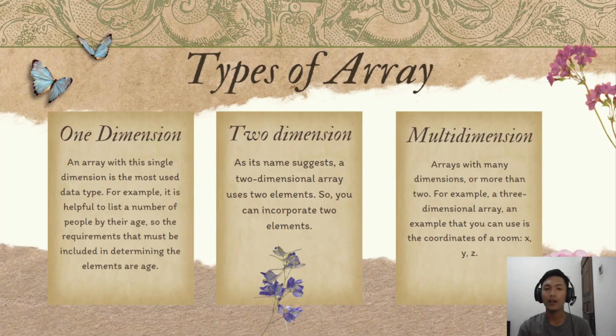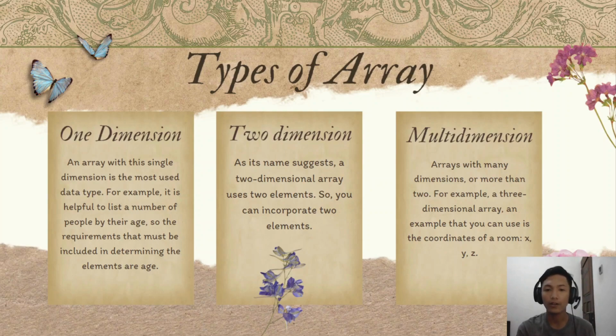So now I will give you some explanations about types of array: one dimension, two dimension, and multi-dimension. For the first one, an array with a single dimension is the most used data type. For example, it is helpful to list a number of people by their age, so the requirement that must be included in determining the elements is age. Two-dimension, as its name suggests, a two-dimensional array uses two elements.